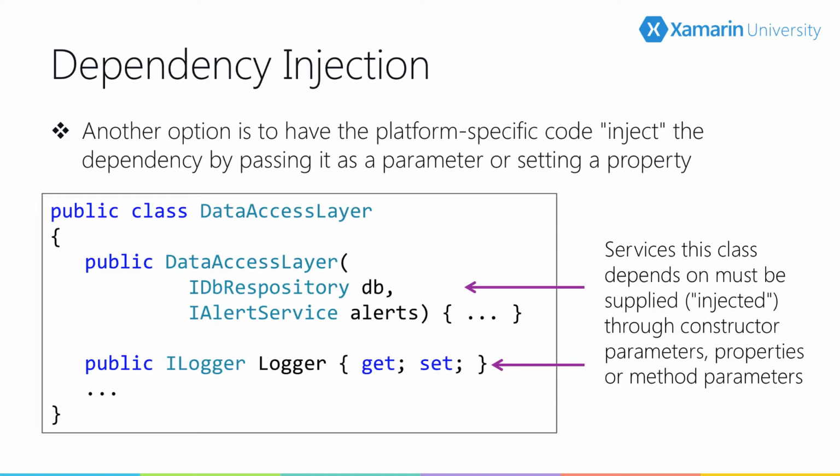Please have a look at this example class that we have here, our public class DataAccessLayer. Our DataAccessLayer class has a constructor, and this constructor has two parameters. Notice how both of these parameters are actually interfaces, an IDBRepository and an IAlertService. Let's quickly imagine what that data access layer could be about.